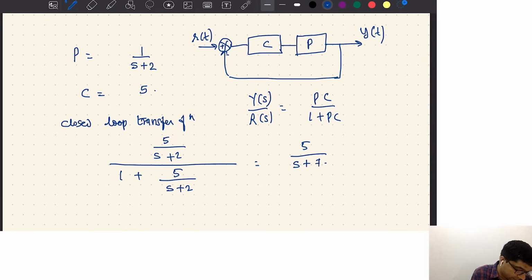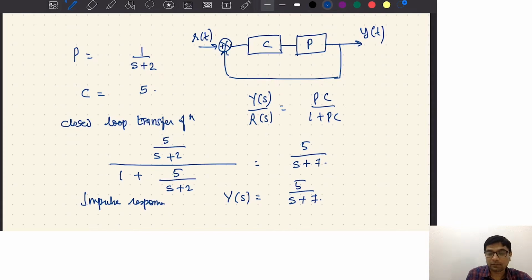Okay, let me check what happens to the impulse response. Impulse response will simply mean that Y of S is 5 over S plus 7. Let's check what happens to Y in the steady state. Y at steady state, let me call it YSS.